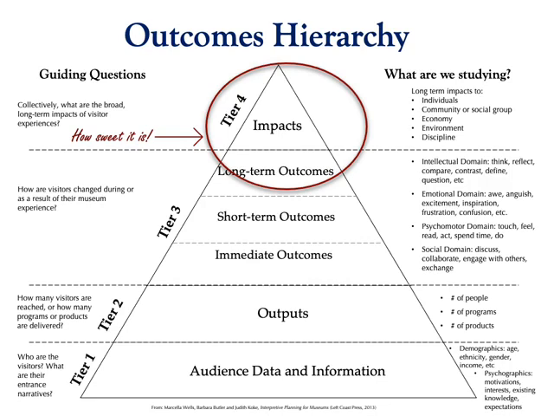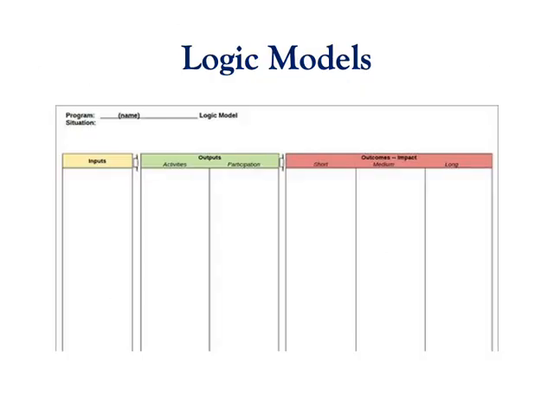Now, one final piece to your project planning is the creation of a logic model. And here we can see the most basic kind of logic model. We see the inputs, that's from the first slide, right? The audience and visitor, stakeholder needs and interests, the resources and collections, the materials, the infrastructure, etc. What are you putting in to your project?